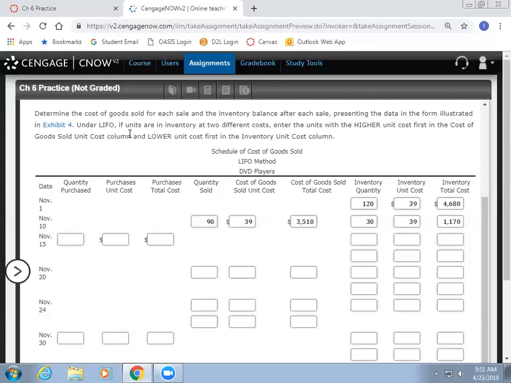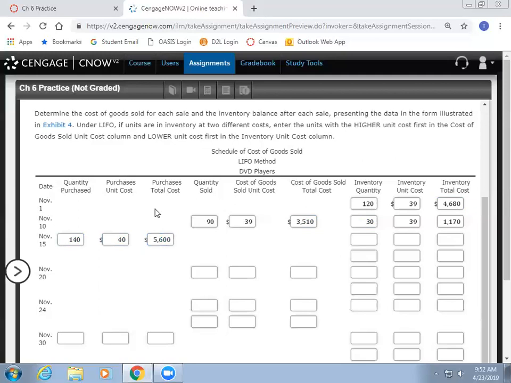So when we purchase, we're just logging that in. On November 15th, we had 140 quantity purchased at $40 each, so our total cost is $5,600.